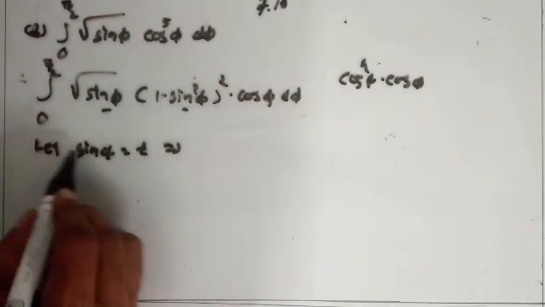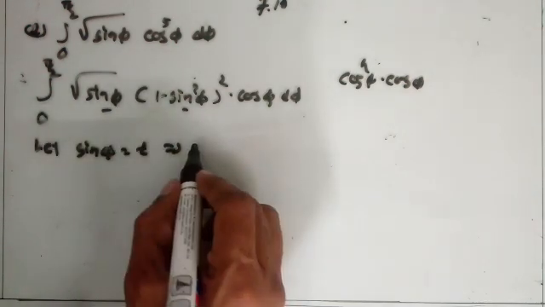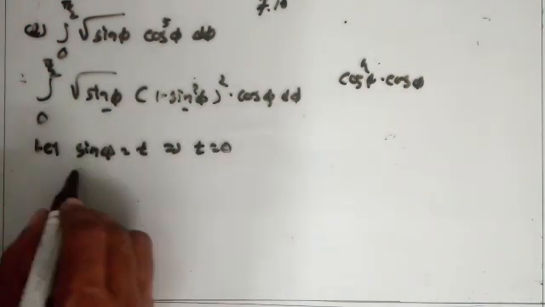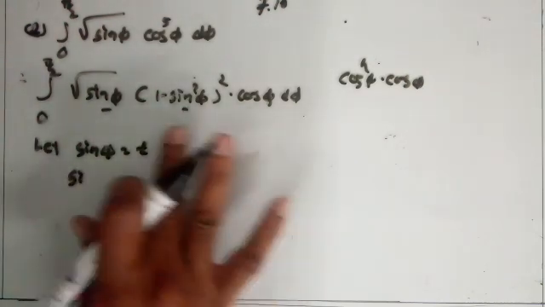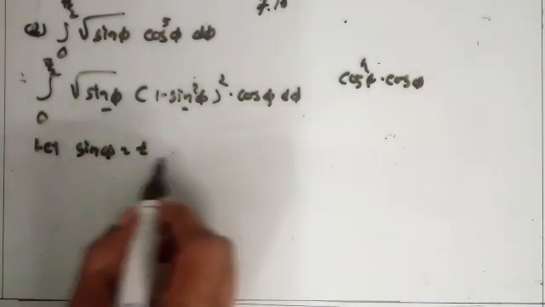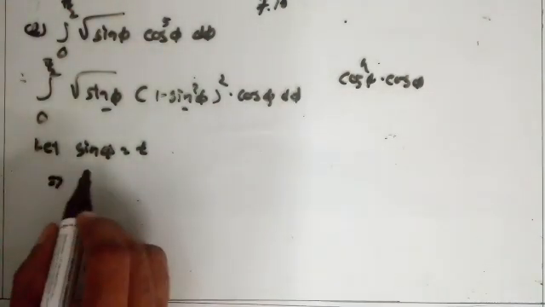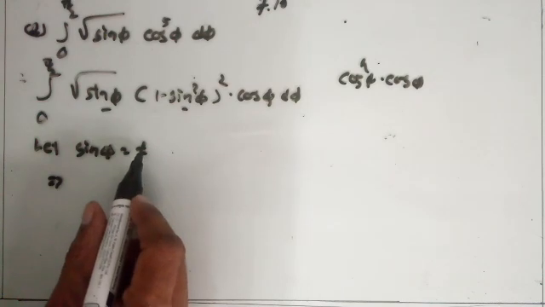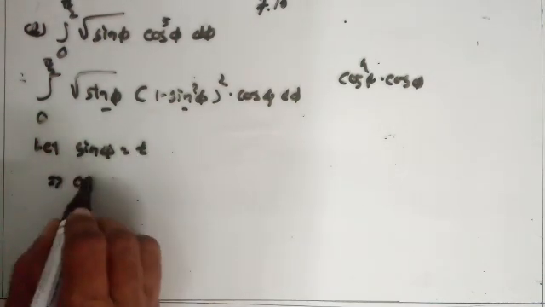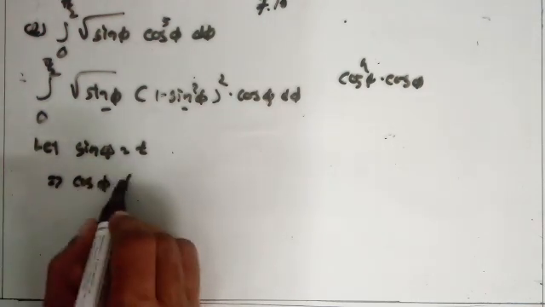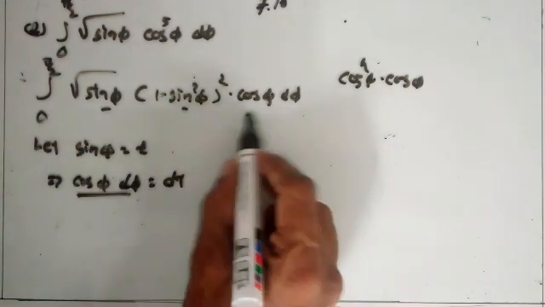This implies, when phi is equal to 0, sin phi is equal to 0, so t is equal to 0. First, change this into t form. Let sin phi be equal to t. Differentiating, the derivative of sin is cos phi, so cos phi d phi is equal to dt.